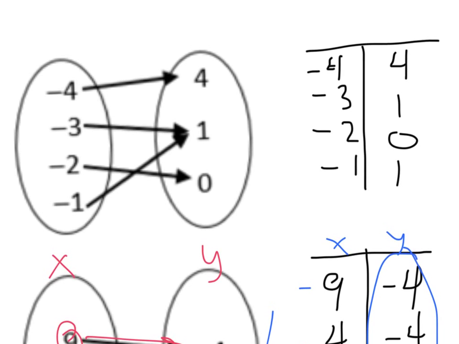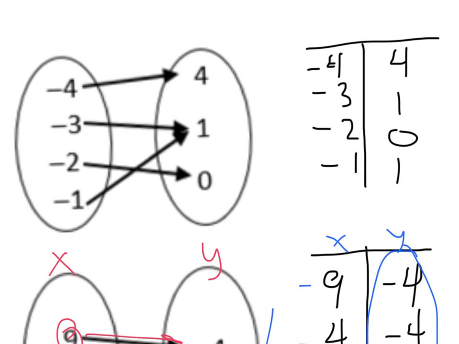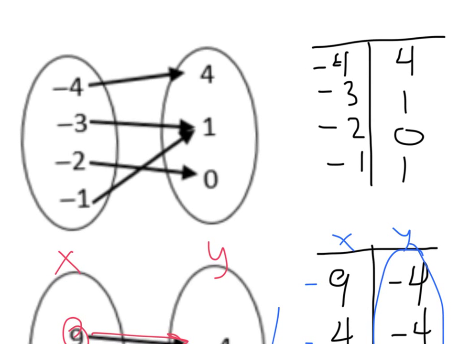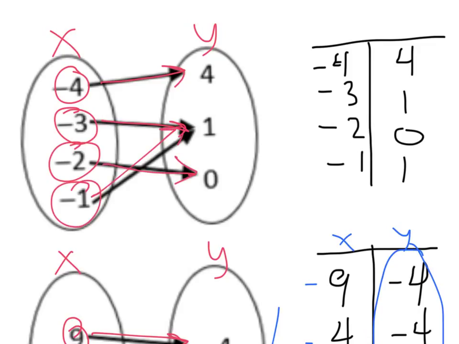Okay, last example we're going to look at here. Kind of a mix and match of all kinds of stuff, right? So we have our radio presets. I go from -4 to 4, -3 takes me to 1, -2 takes me to 0, -1 also takes me to 1. So, do I have any station buttons that are taking me to more than one station at the same time?